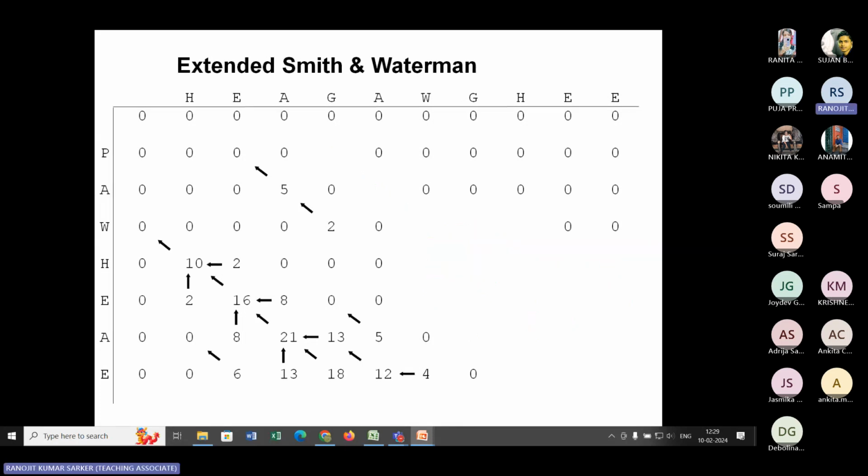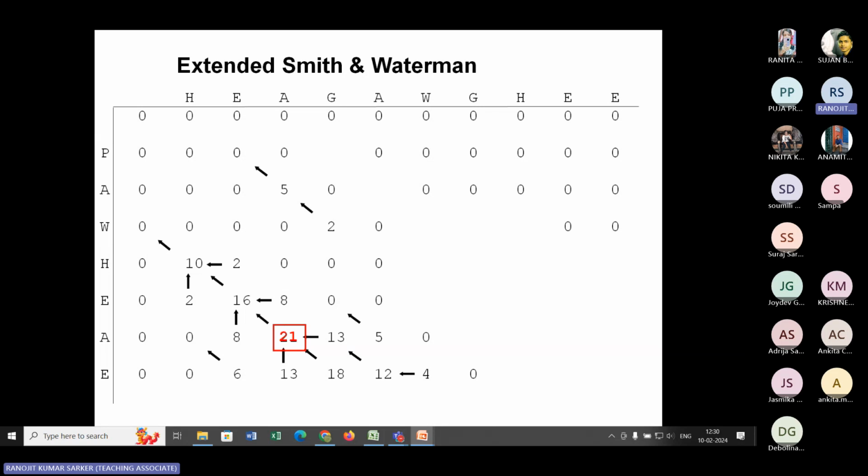So now see that we will delete this path, right? Now what is the next highest value? The highest value is say 21. Clear? So now we can start our next optimum alignment from the highest value after deleting the best alignment track.